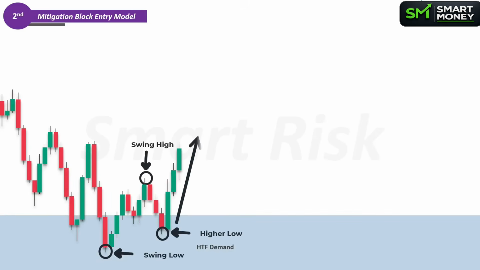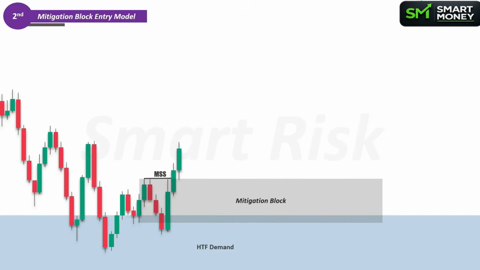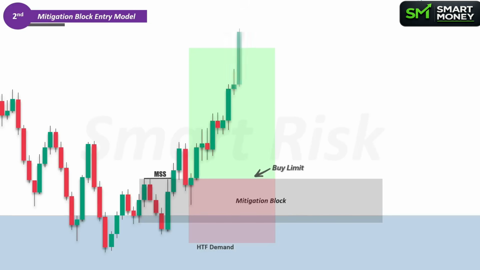Afterward, we need a strong bullish displacement that closes above the previous swing high and confirms a market structure shift. The bullish mitigation block is the up-close candle, or series of consecutive up-close candles, formed between the initial swing low and swing high. To execute the trade, we can place a buy limit order at the upper boundary of the mitigation block and wait for price to retrace and activate the entry.